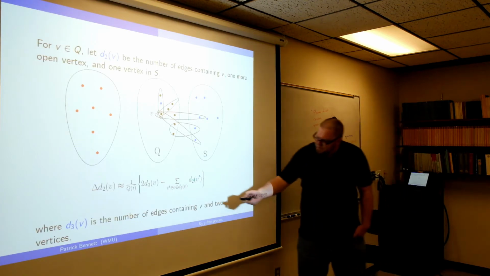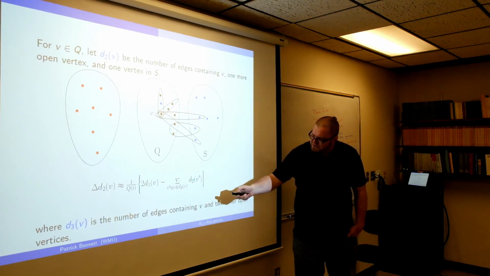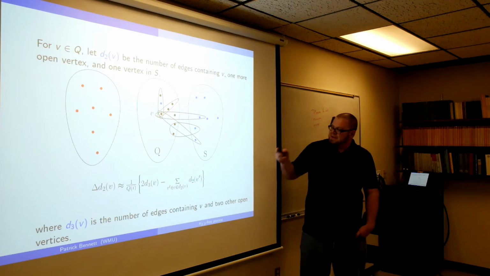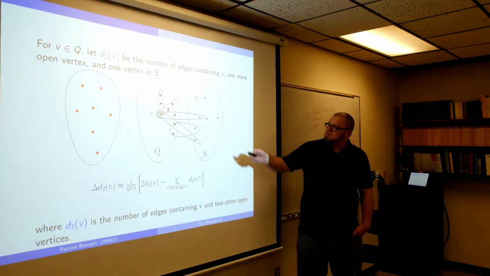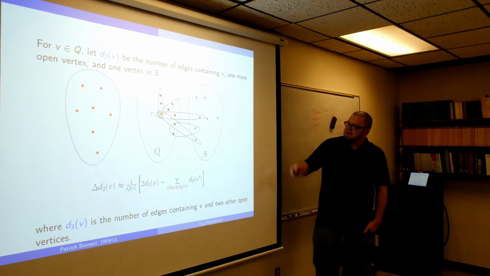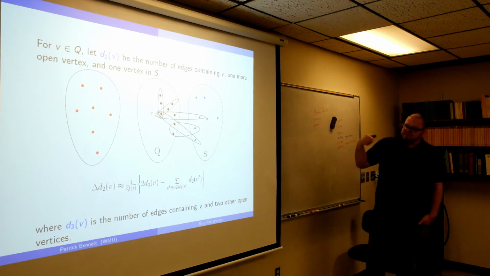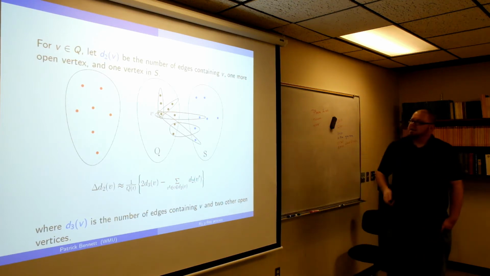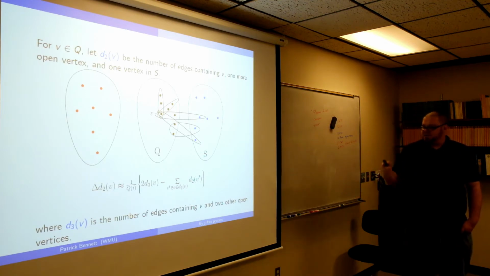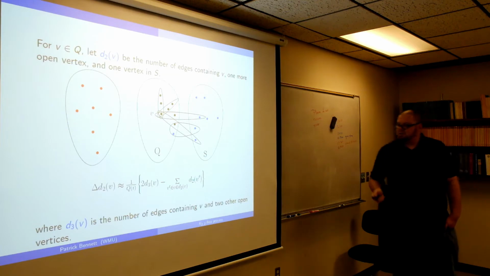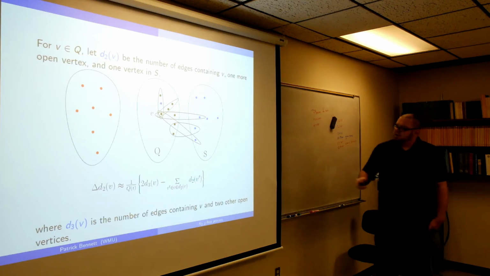And so this is supposed to explain this term. d3 is the number of edges that contain v, and every vertex is black. And those can turn into d2s if you choose one of them. Okay, so that's a thing that can happen. Sorry, I'm clicking around too much.